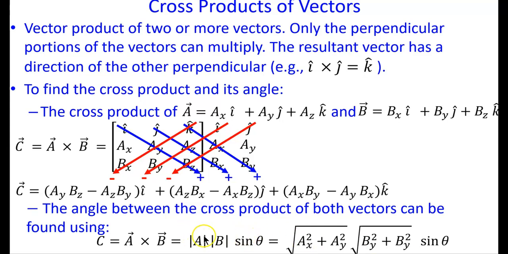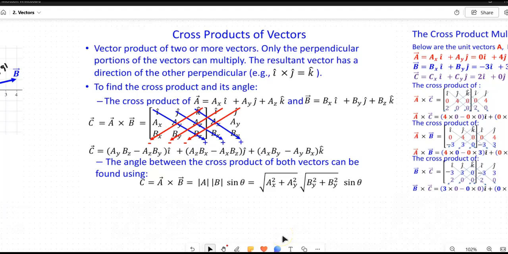Now, if you just knew the sizes of those A and B vectors and you wanted to figure out the angle between them, you would use sine of theta in this case. So I switched over to my whiteboard again.